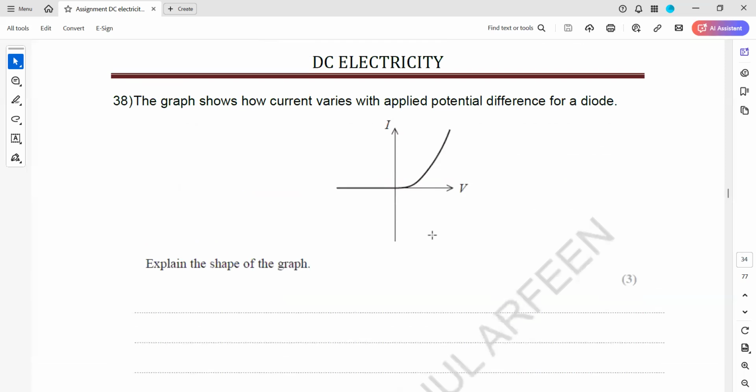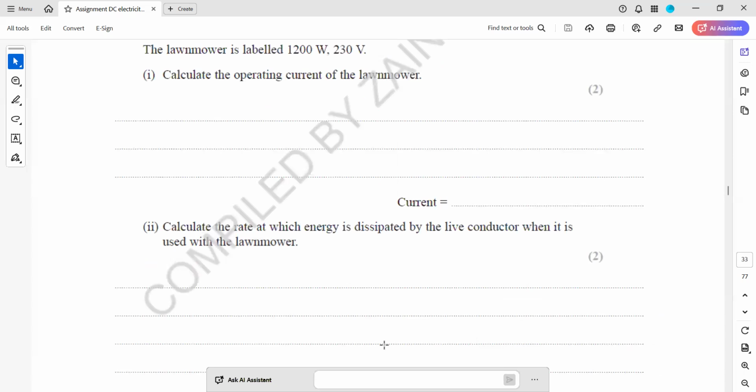Why can't we use 230? One of the students asked why we cannot use a formula to get the resistance, 230 over 5.2.